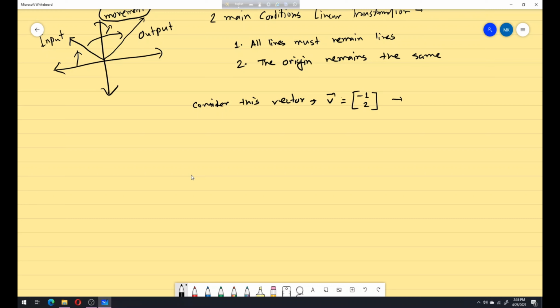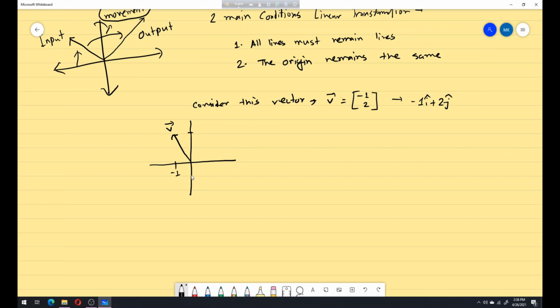So this vector is basically -1 i cap plus 2 j cap. If I draw this vector, it is -1, and let's say this is 2, so this is your vector v.